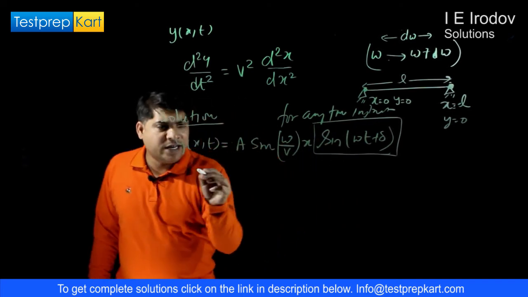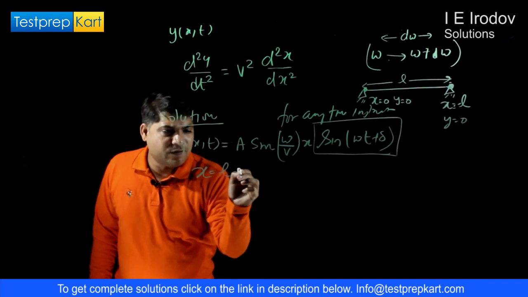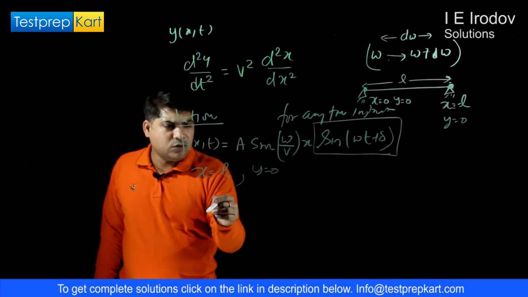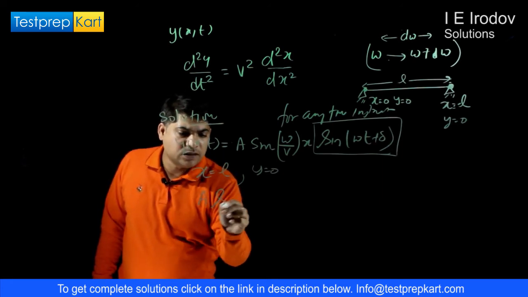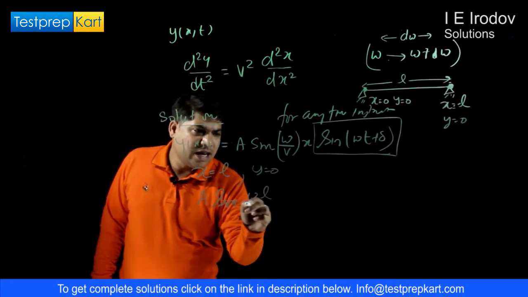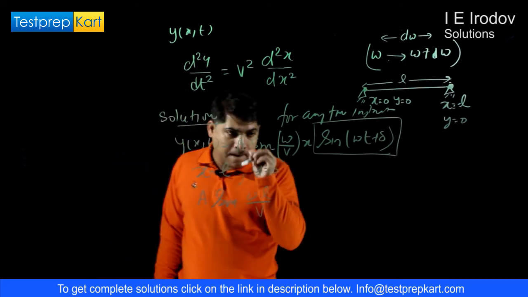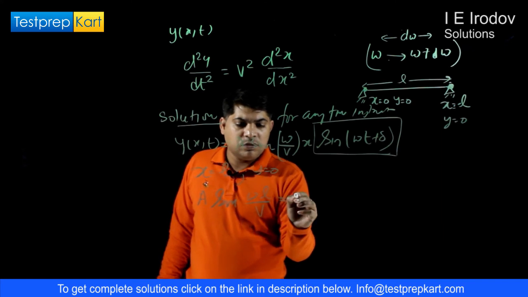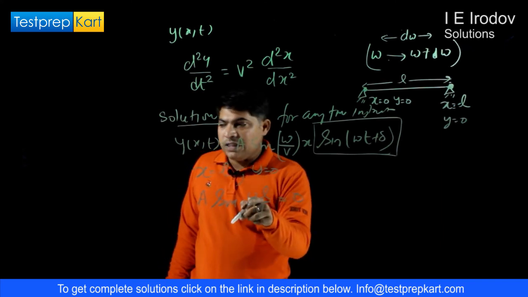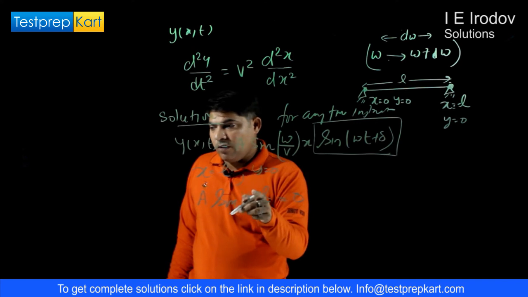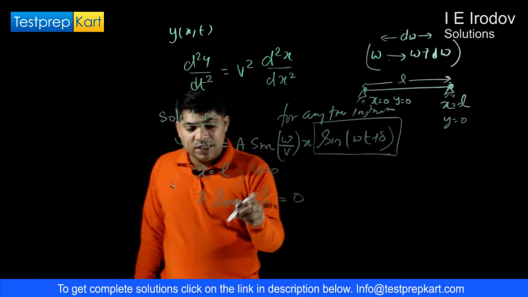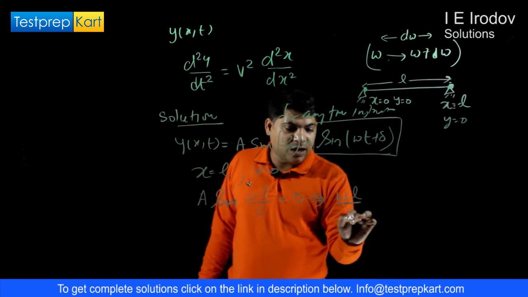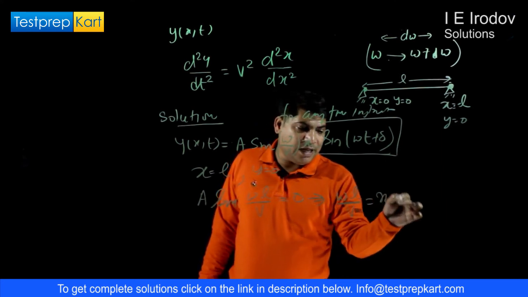If we apply the second condition, that when x is equal to L, y is equal to 0, we can write a sine(omega L over v) is equal to 0. This value will be 0 if omega L over v is equal to n pi.